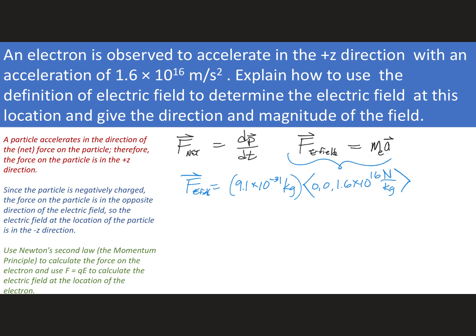They just connote a different idea. Since we're talking about force, I want to have force units. And so this E field force, you compute all that out, you're going to get 0, 0, and 1.46 times 10 to the minus 14 newtons.